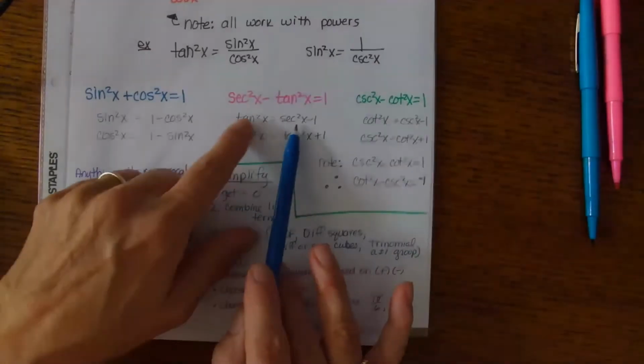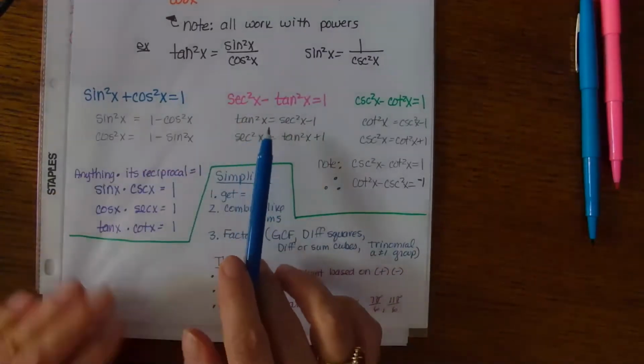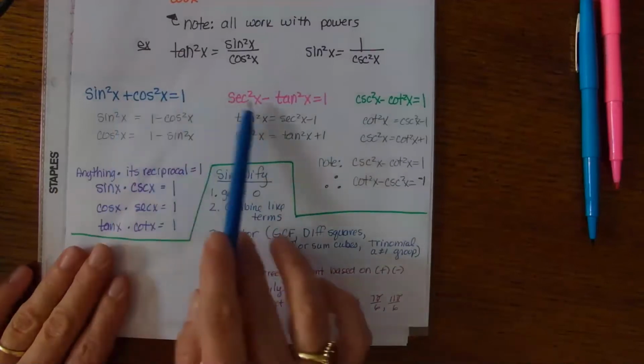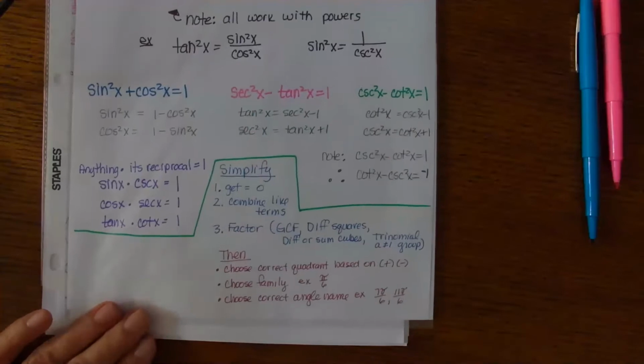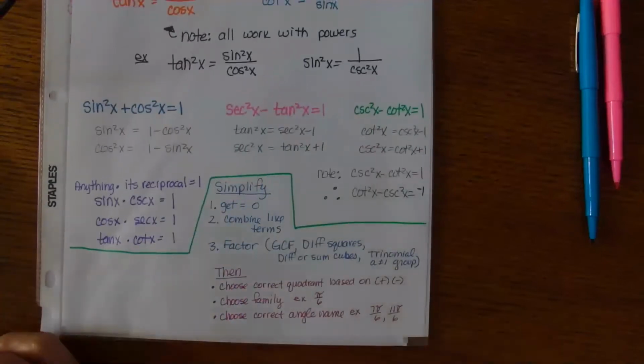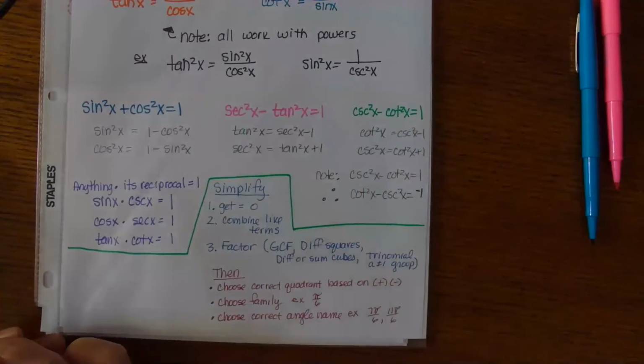You cannot just take the squares off and say secant minus 1 is tangent, because these are the Pythagorean identities. I'm very glad you brought that up. These are the Pythagorean identities, and they come from the Pythagorean theorem. So for these formulas here, you cannot remove the squares.